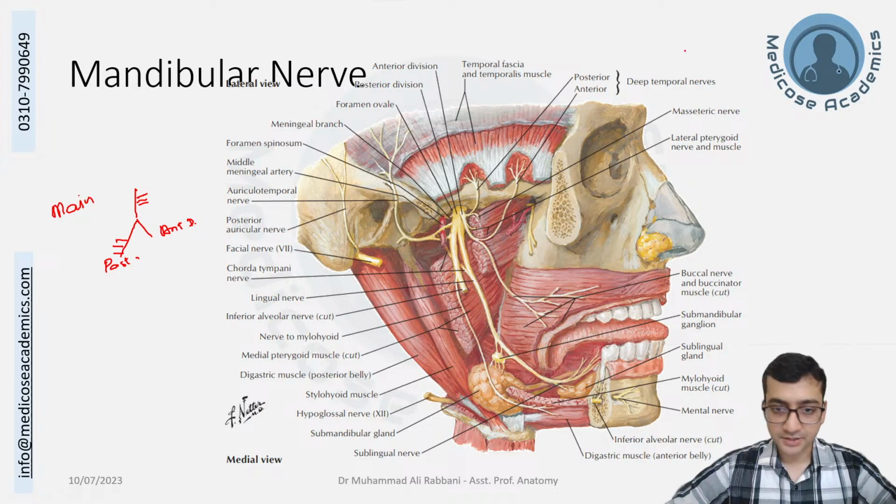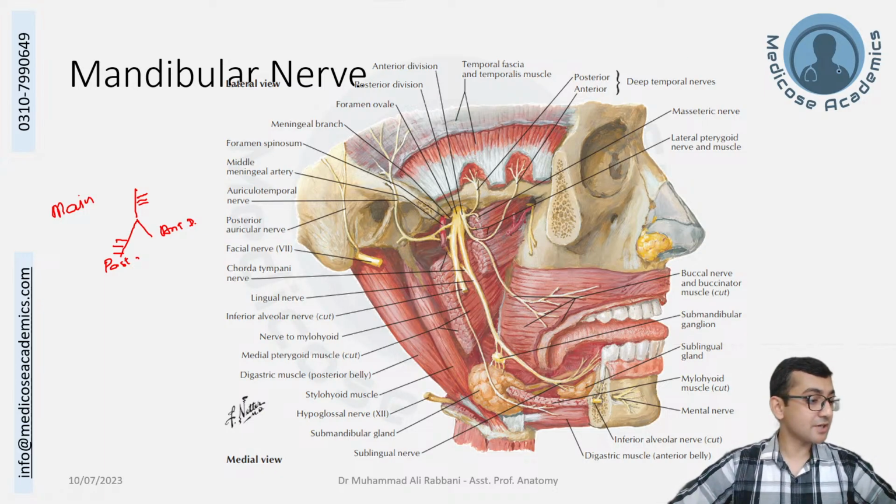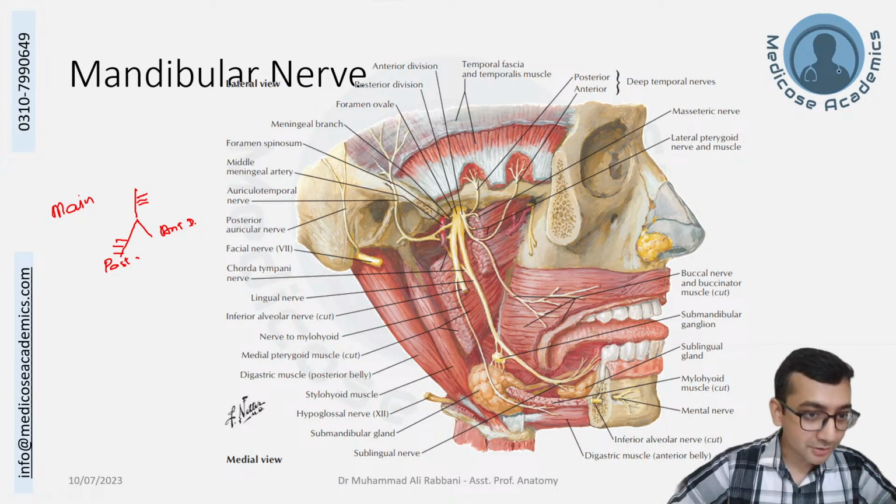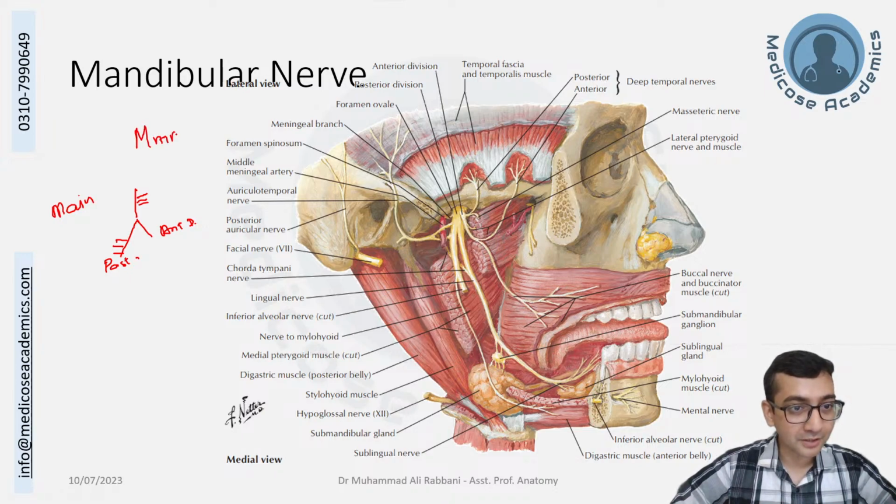Let's talk about the main branches. I like the mnemonic: like when you taste something tasty, you say, mmm. So this is the mnemonic for the main trunk.